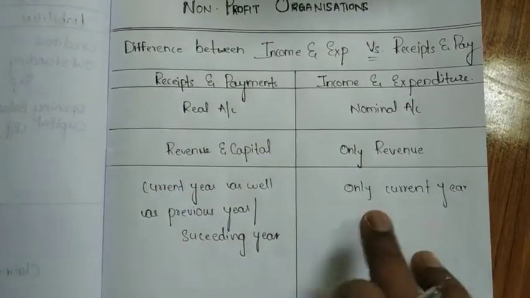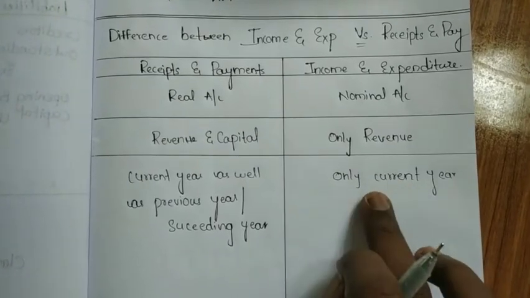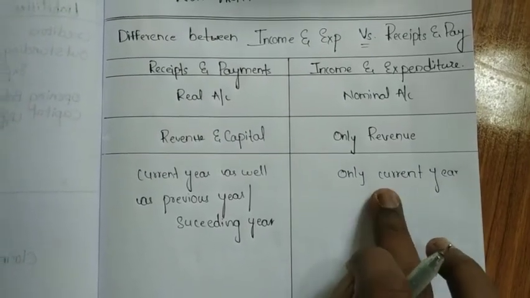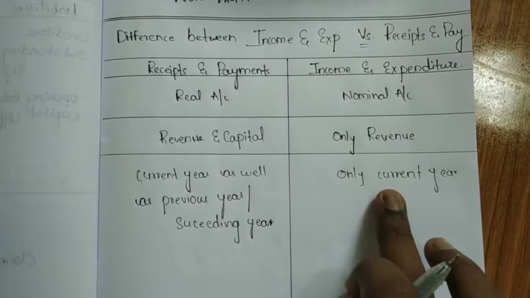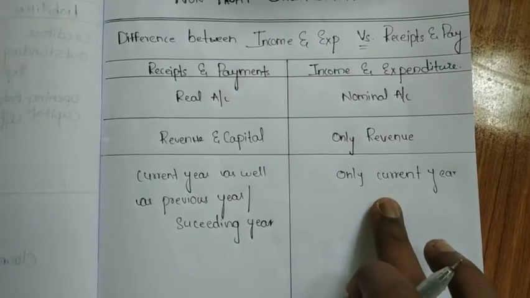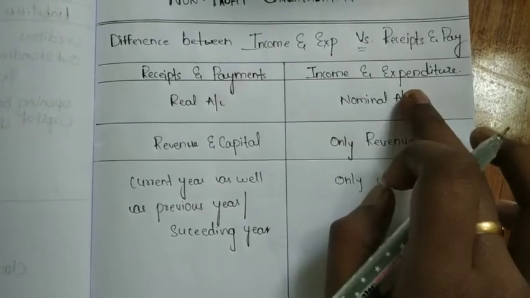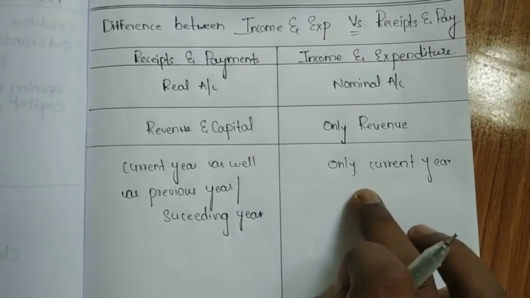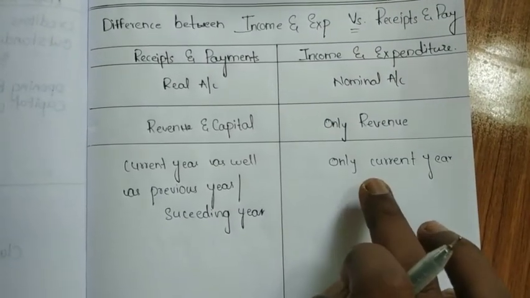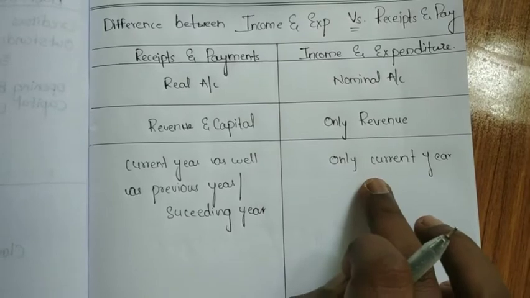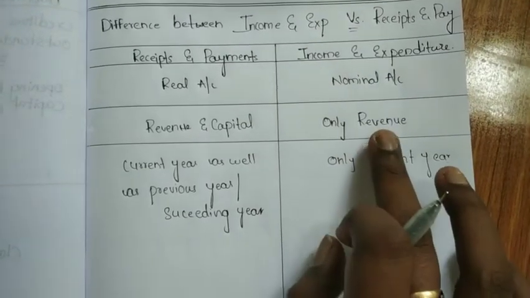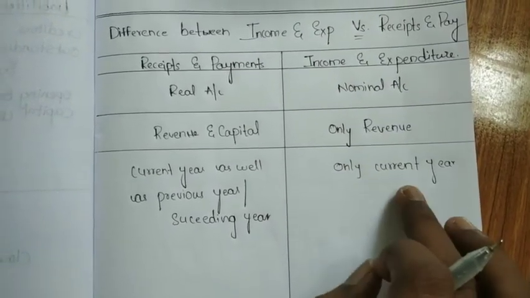When it comes to income and expenditure, only current year transactions, current year incomes and current year expenditure will be considered. For example, let's take you are preparing income and expenditure for a non-profit organization in the year 2019 and you have paid an advance expenditure.